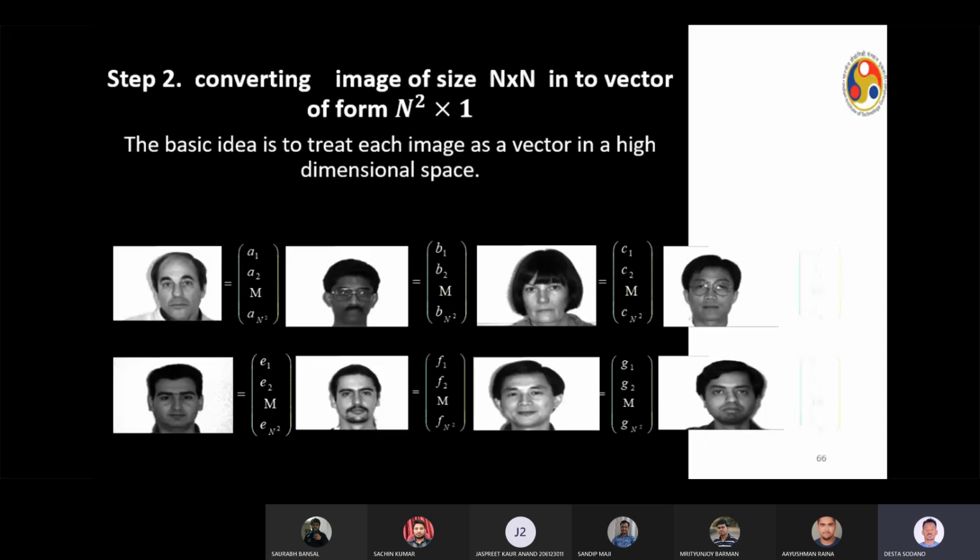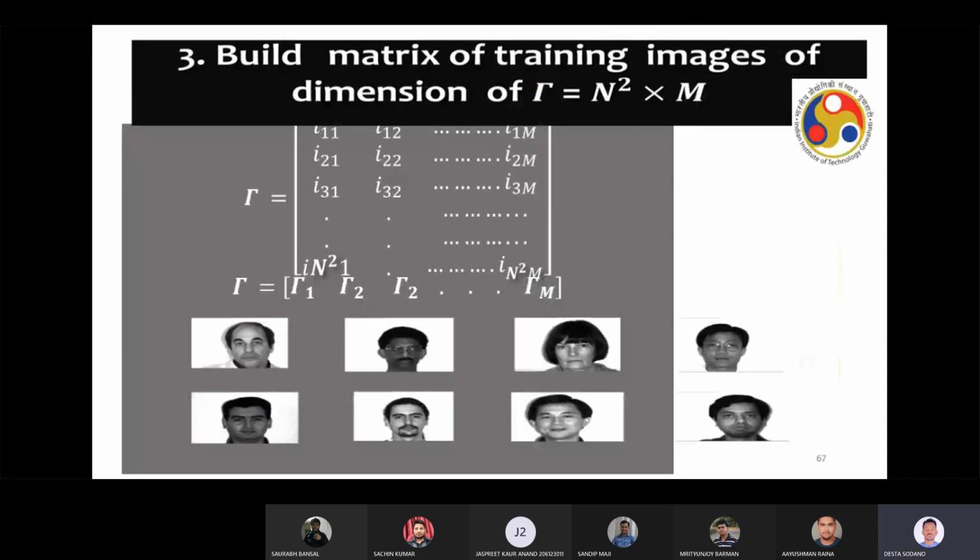We can apply PCA, or principal component analysis, also called the eigenface algorithm, here. Step 3: building the matrix of trainer images, in dimension tau, equal to n squared by M, a matrix system already given.